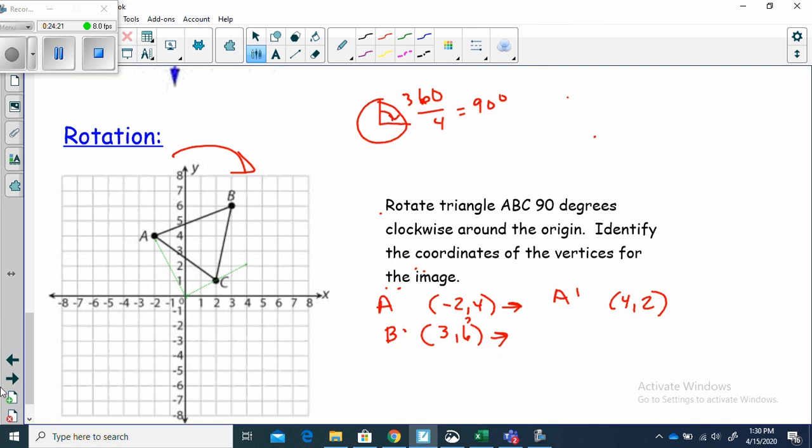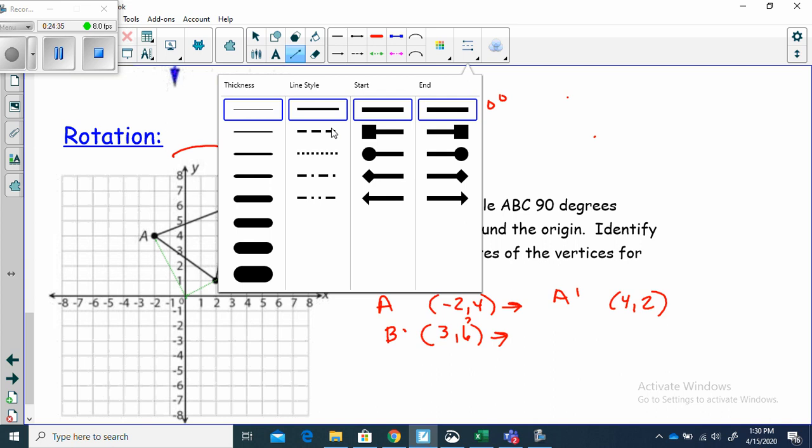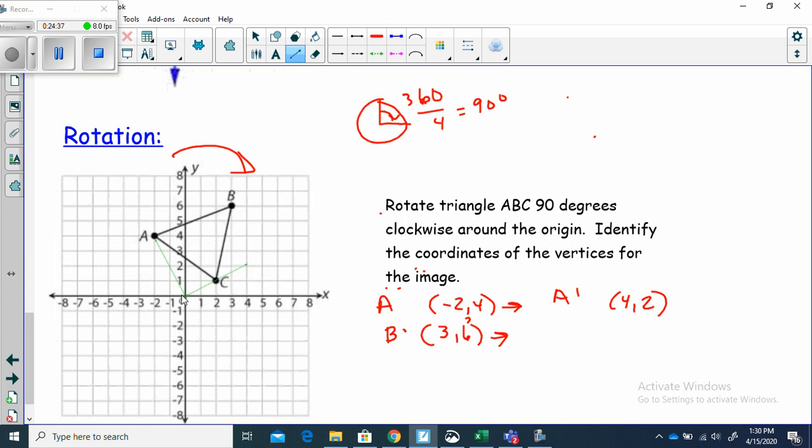Let's go up here and grab B. Let's draw us a line. If we start from here with our line, we can draw a 90-degree angle here.